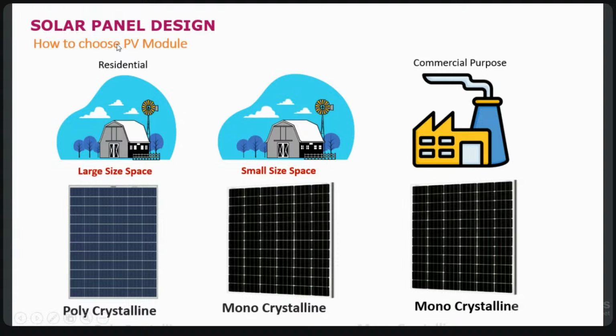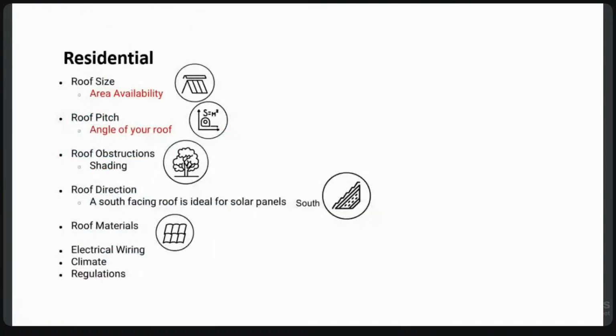Even at our home, if you want to design any solar panel, before that we need to know the roof size, what is the availability, and what is the pitch, meaning the angle of the roof. Some old roofs are soil type, like Mangalore tiles, as we call them in Karnataka.